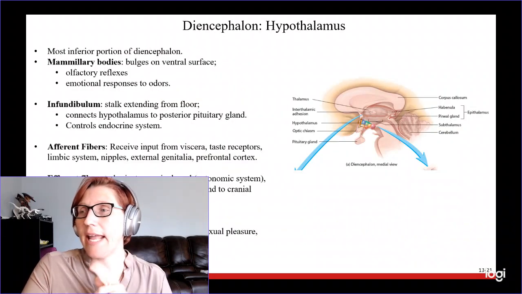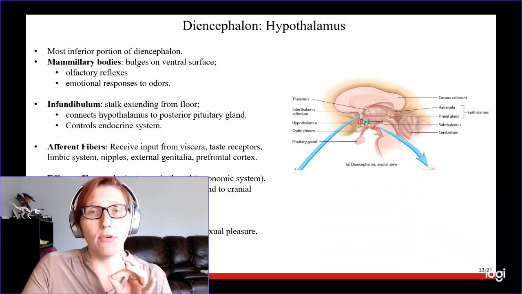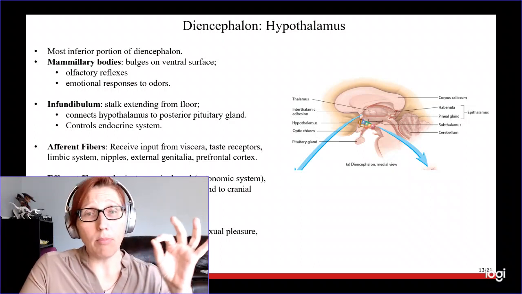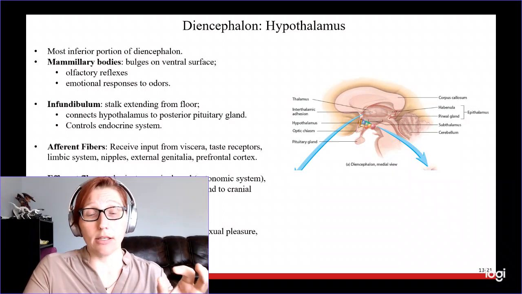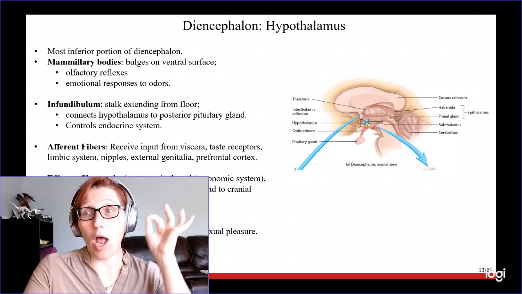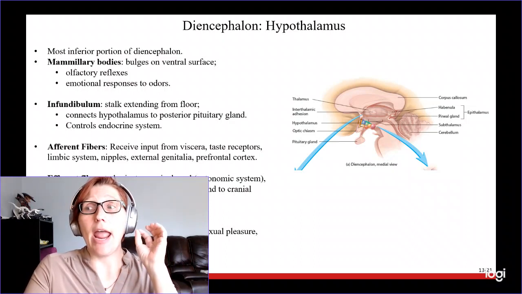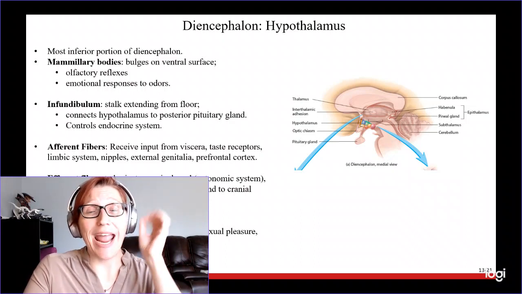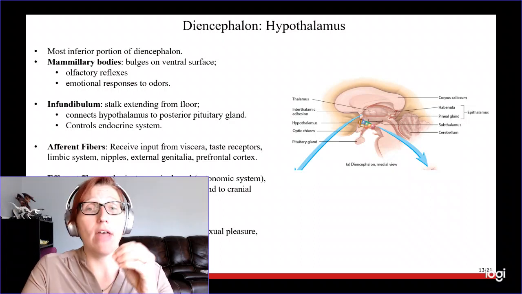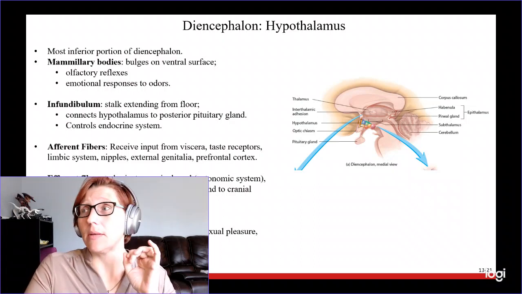All right, again, make sure that you know this terminology, make sure that you know what the afferent and efferent fibers are. Remember, afferent is information that arrives at your brain, so it's an input receiver, right? And efferent is information exiting your brain, if that helps you at all in remembering this.